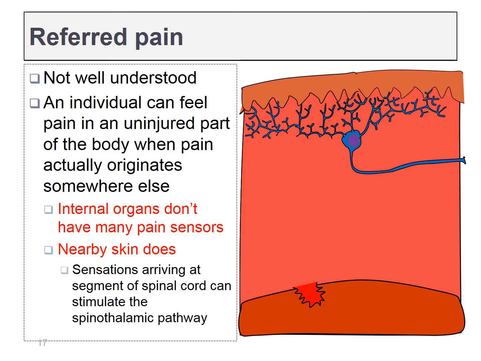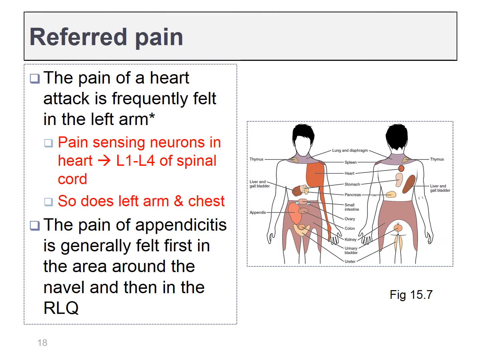And so the dendrites out in the skin will be detected over a broad area of skin. And the pain that we detect from gallstones is actually detected by a wide and kind of diffuse region of skin. It's hard to really pinpoint where that injury is. So that's the concept of referred pain.